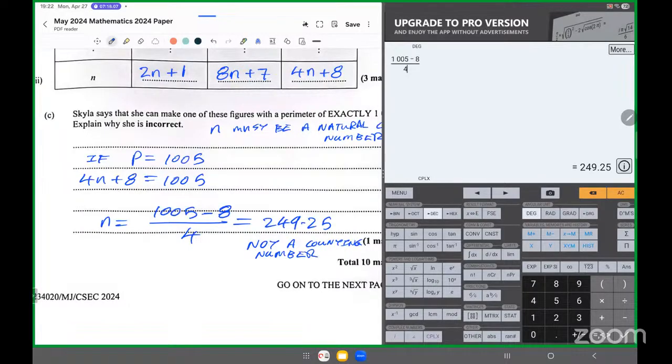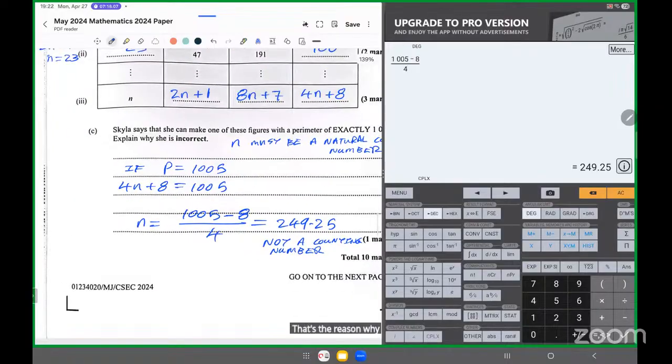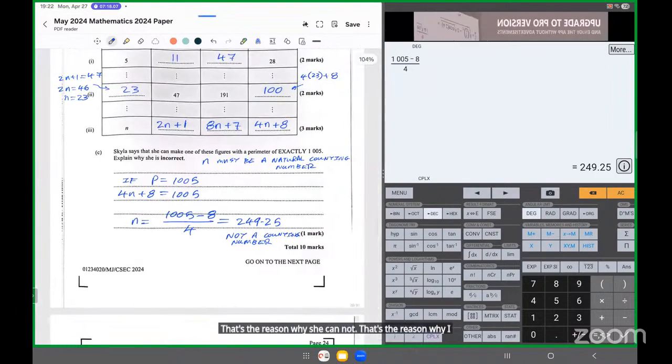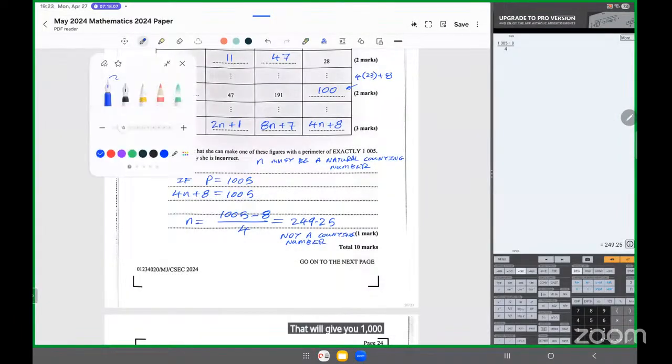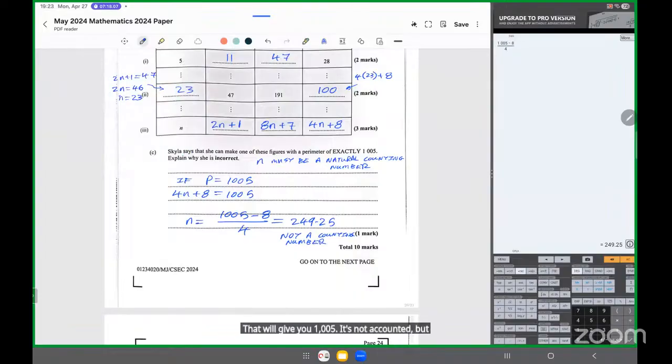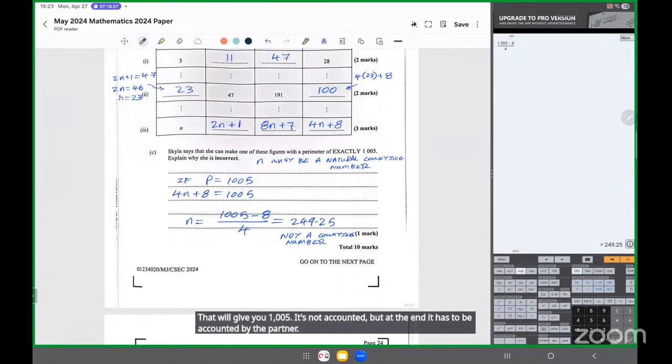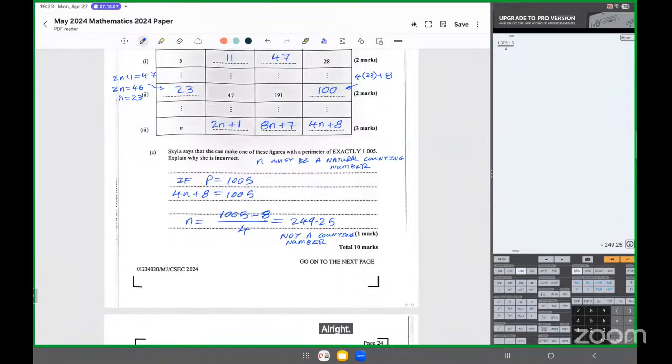That's the reason why she can't make it, because it's not a counting number. Because the n that would give you 1005 is not a counting number, and the n has to be a counting number in the pattern. All right? Something like that.